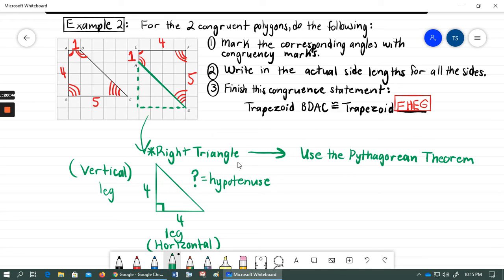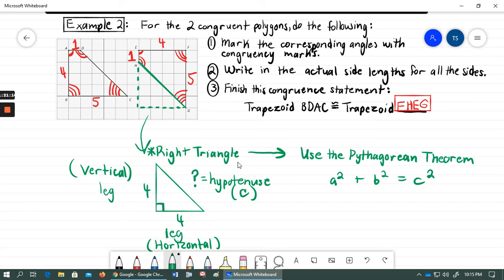Let's use our Pythagorean theorem, which says that a squared plus b squared equals c squared. And c always represents your hypotenuse. The other two legs can be a or b, but c is always your hypotenuse, correct?